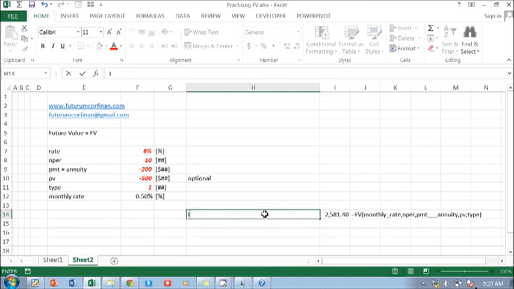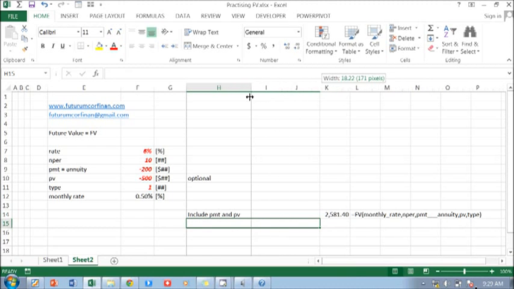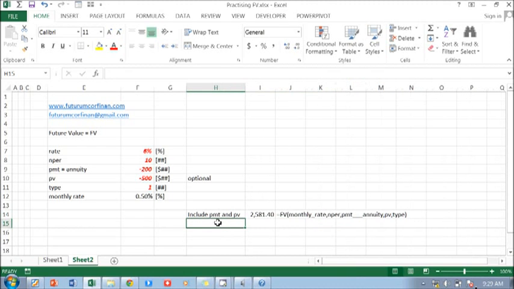So here include PMT and PV. Okay, and then this formula only includes PMT, and then you include PMT only, and then you include PV only. Okay, so I just copy down here.